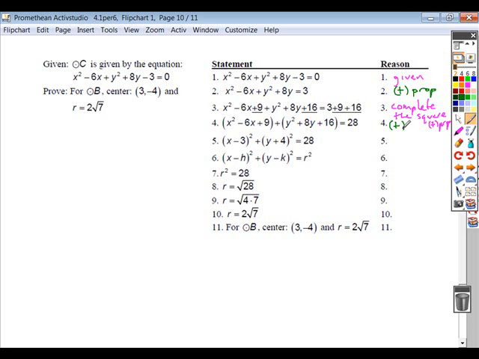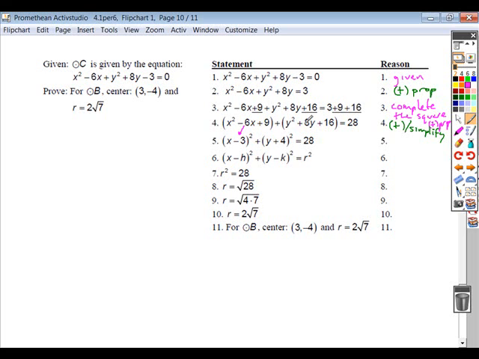We just combine. And again, what's the catch-all for that? If you're working on one side of the equation, if you just write simplify, you're okay. But again, if you can be more specific, that's fine. Addition is more specific.